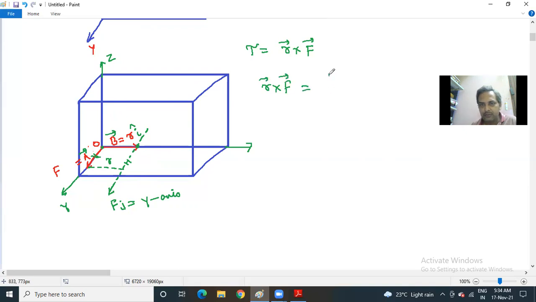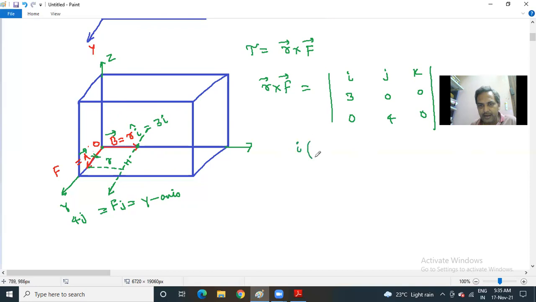is equal to the determinant of i, j, k. Now you take some magnitude for R, say 3i, and some magnitude of force, say 4j. R doesn't have j and k components, so it will be 3, 0, 0. F doesn't have x and z components, so it will be 0, 4, 0.